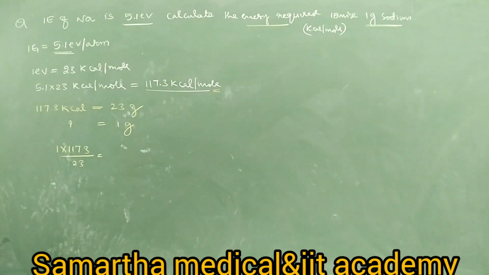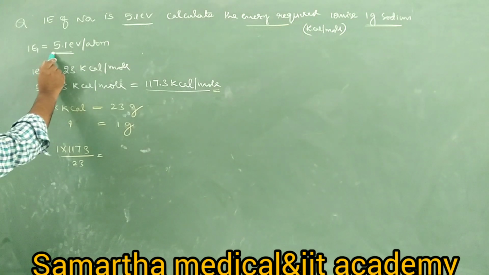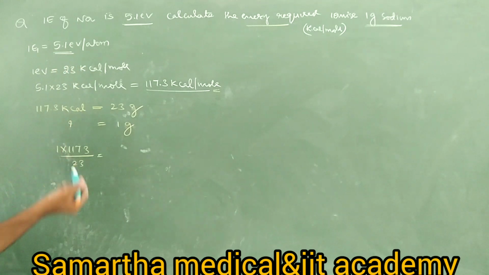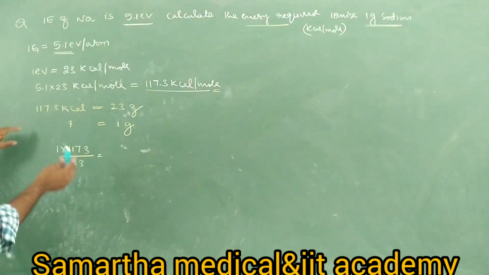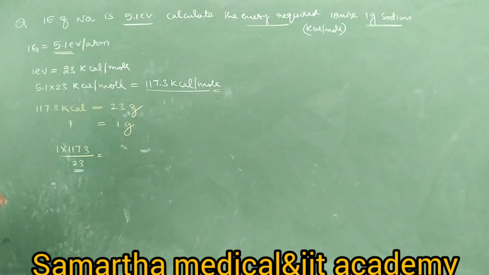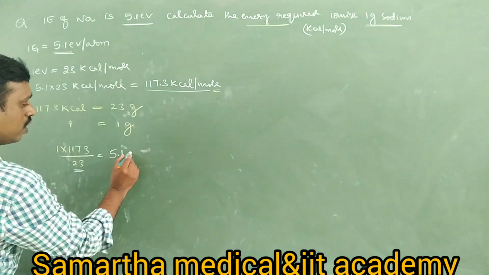How do you get the same? 5.1 into 23 is nothing but 117.3. Sir, for Avogadro number, for atoms they have given 5.1 electron volt. You will get the same, let it be the same, because its atomic mass is 23.